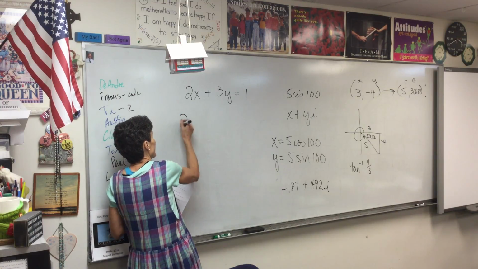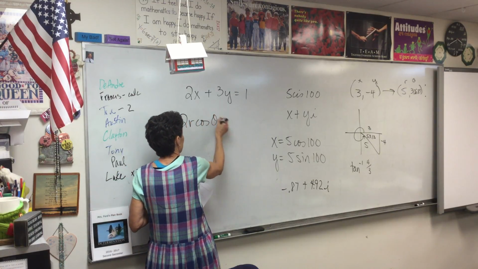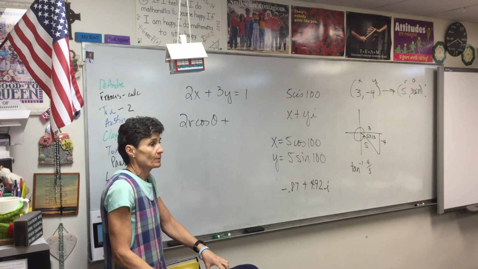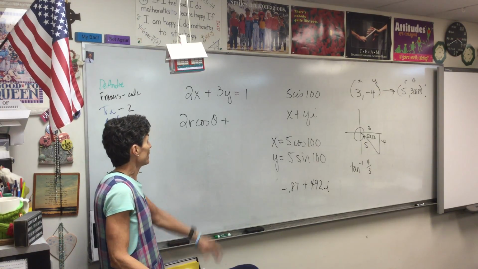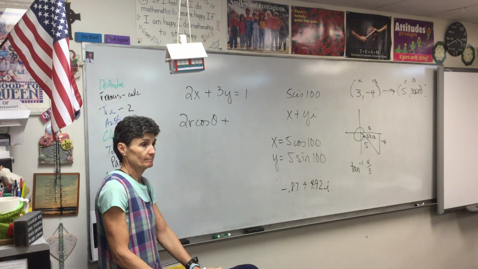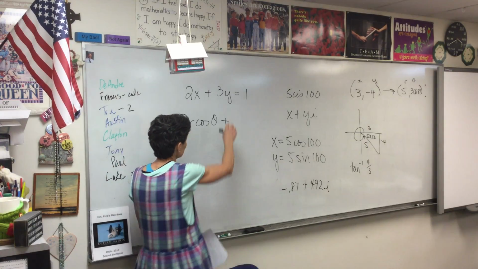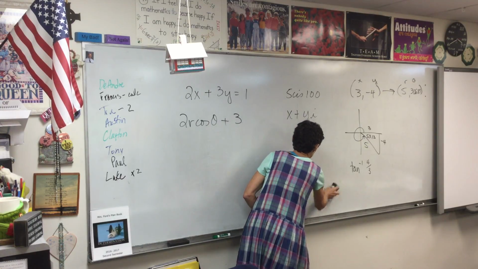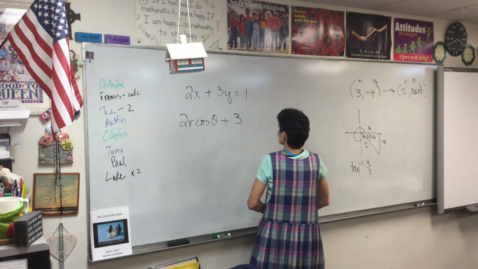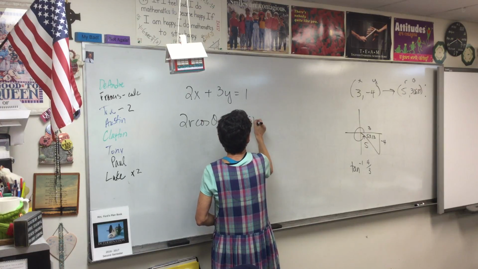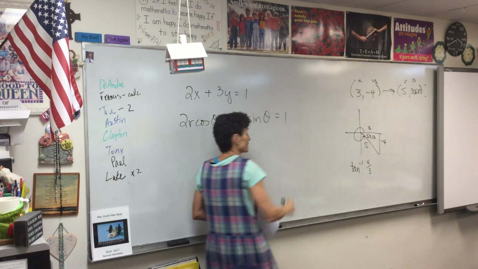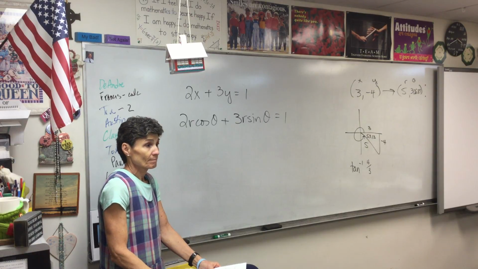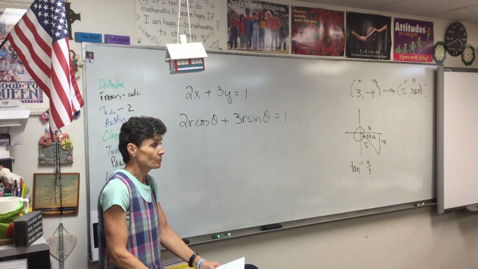X is always r cosine theta. So I'm going to take out the x and replace it with r cosine theta. And then guess what I'm going to do with the y? Replace it with r sine theta. And that's it. That's all there is to it.